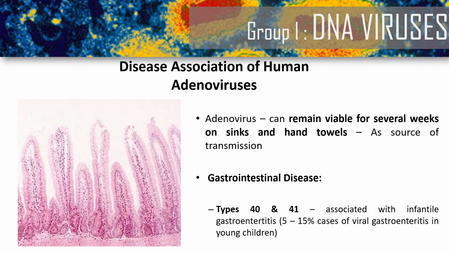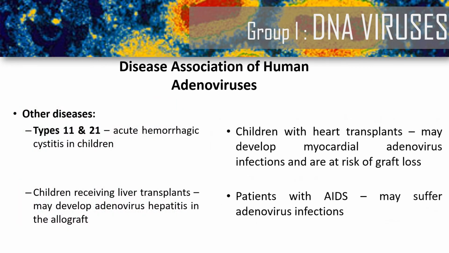So we have most common types of adenovirus that can cause gastrointestinal disease. You have your type 40 and 41 associated with infantile gastroenteritis, which is 5 to 15% cases of viral gastroenteritis in young children. Other diseases naman, class, include type 11 and 21, acute hemorrhagic cystitis in children.